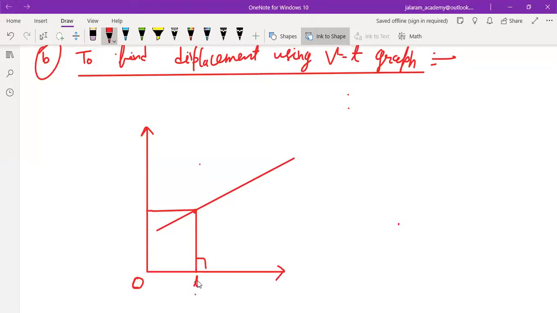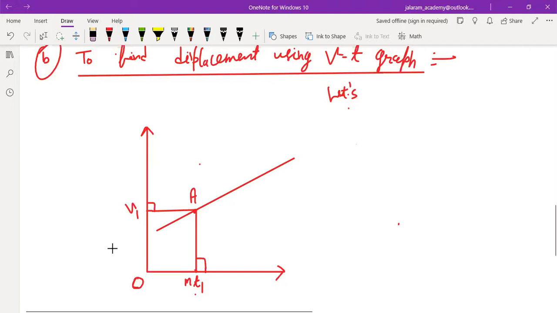Means we know that if we have to find the velocity at time t1, we have to draw perpendicular on time axis at point t1, let it be m, and the point where it intersects velocity time graph is a, and the foot of the perpendicular drawn from a to the velocity axis is v1.